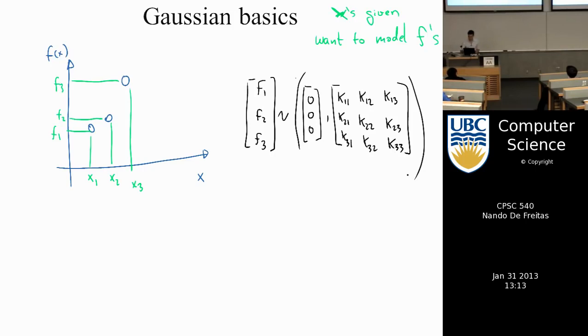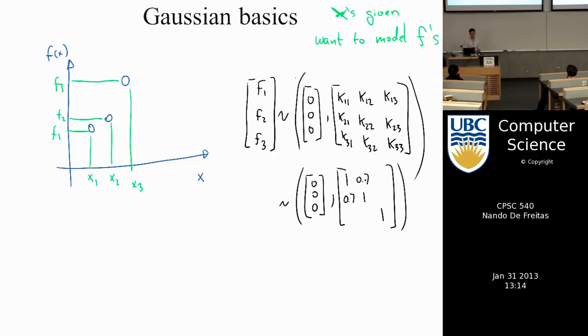So let's say that the variances along the diagonal are 1. I should expect that x1 and x2 are a bit more correlated, perhaps, and so I would have here something like 0.7, 0.7. x1 and x3 are less correlated because they're far apart, so maybe I have here 0.2.